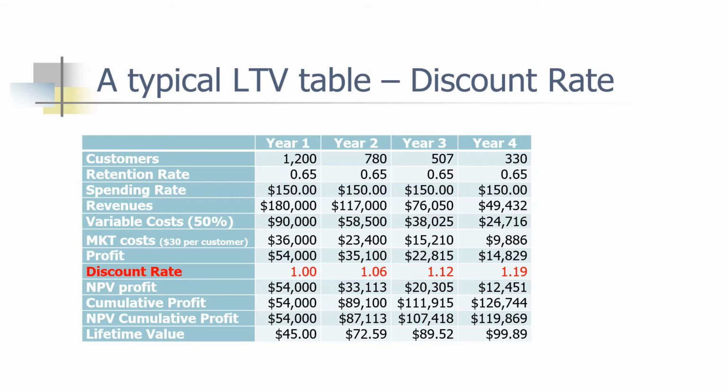Now, when I calculate the discount rate, it's important to understand how this is done. So the first year, there is no discount rate because it's the current year. The second year, it's the discount rate. And then the third year, it's the discount rate multiplied by the discount rate. And it goes on and on.